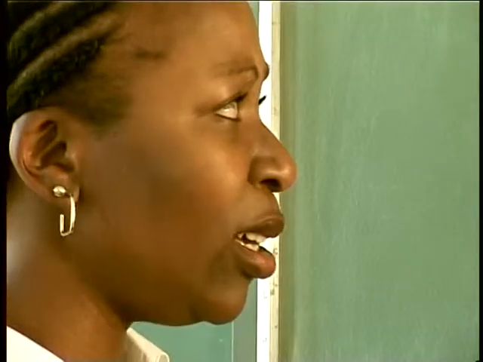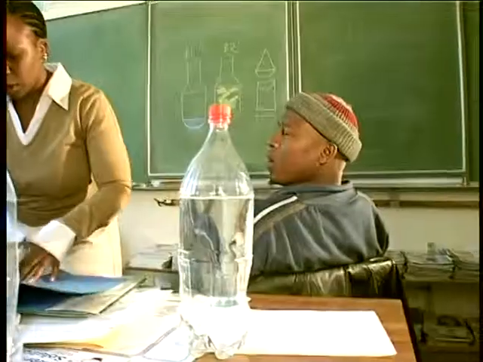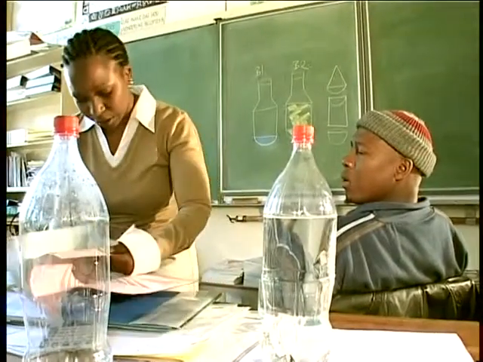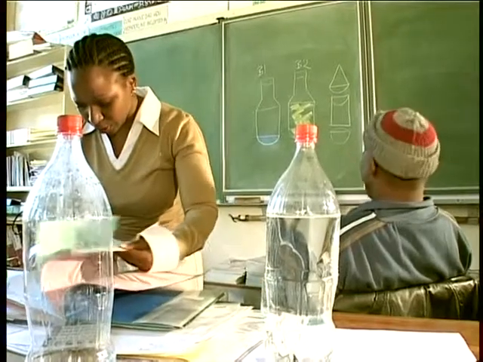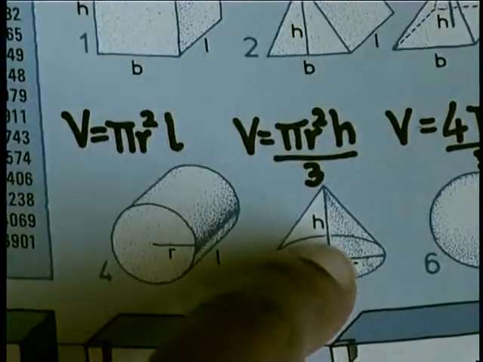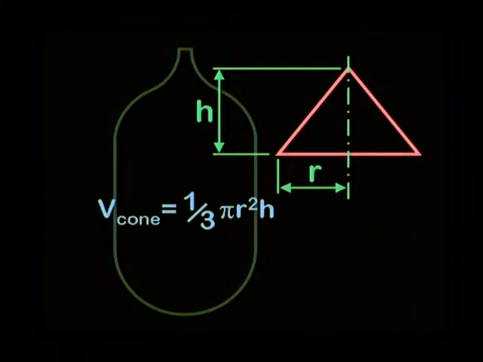Don't be silly. I'm going to calculate the volume of the cone. Don't you know it? You can't always remember these volume formulas. There it is. The volume of a cone is equal to 1 over 3 pi r squared h.